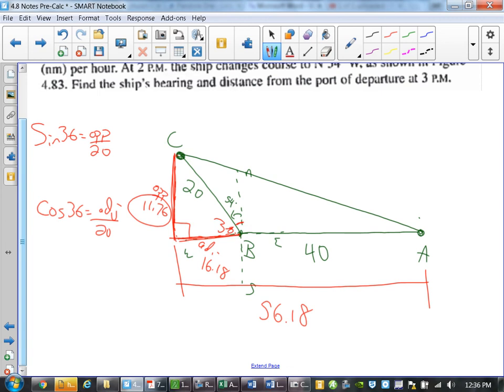Now, isn't this distance here just the hypotenuse? Put that right there.